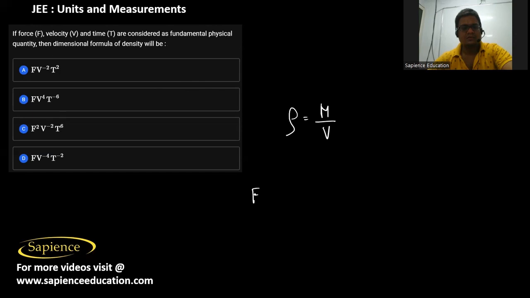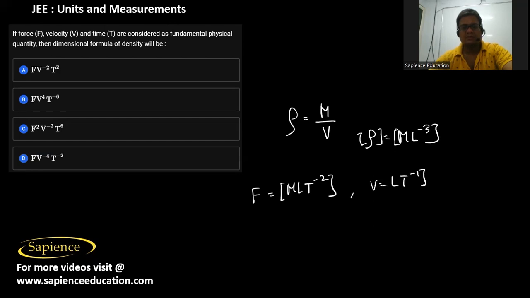Force's dimensional formula is MLT power minus 2. The dimensional formula for density is M into L power minus 3. And velocity is LT power minus 1. And time is T only.